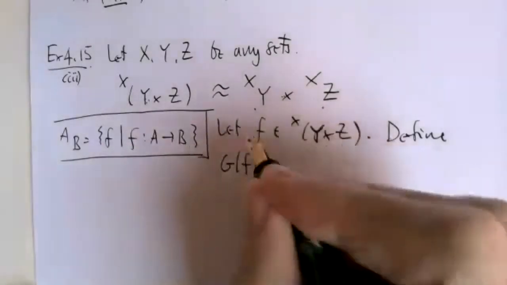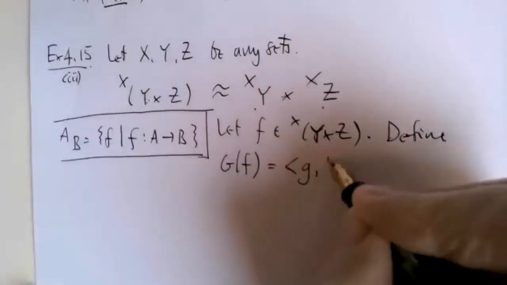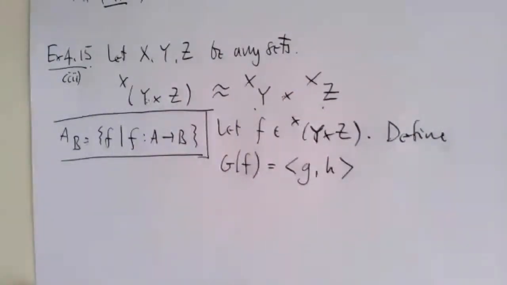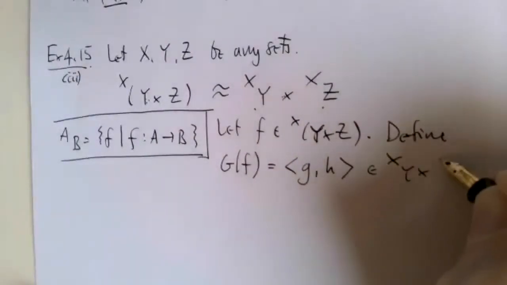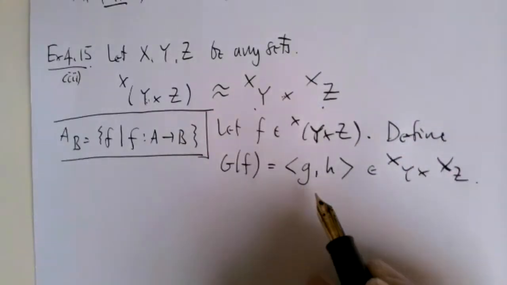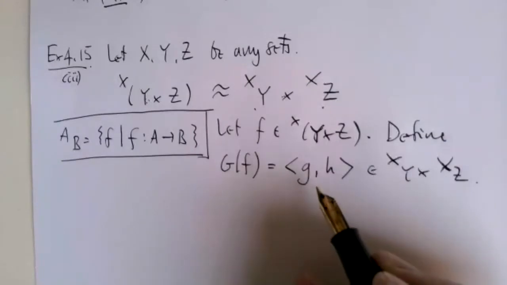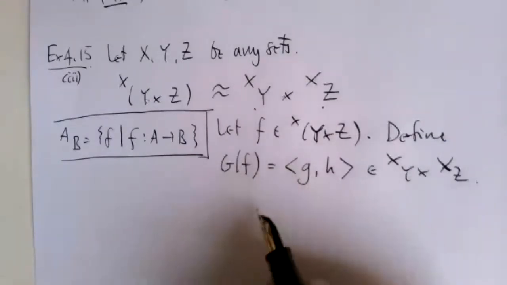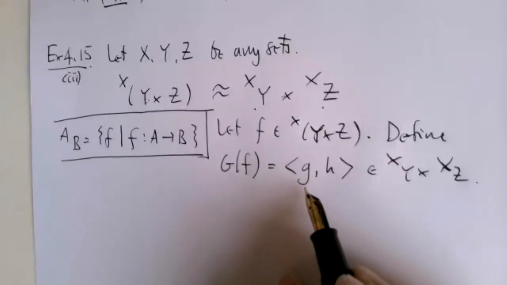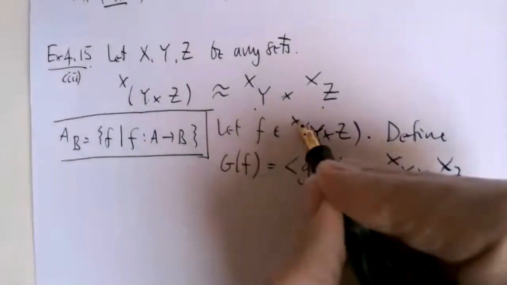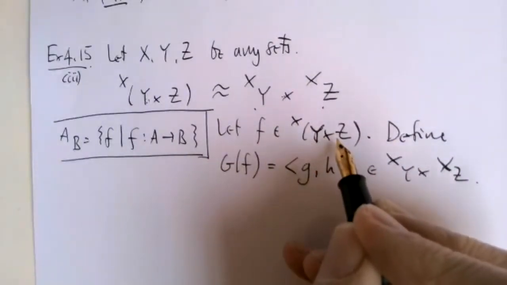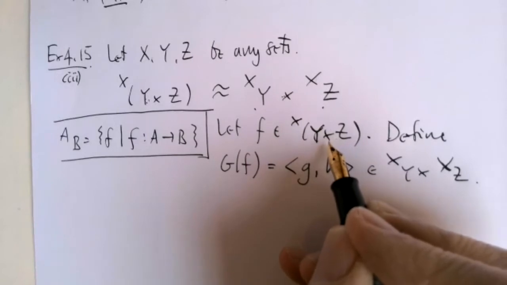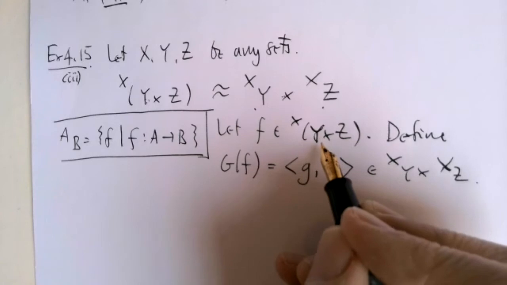G of f is going to be two functions, little g and h, in the right-hand side. So an ordered pair of two functions. And after all, what does f do? It takes things in X and returns an ordered pair, a left thing and a right thing. So I use those unpairing functions, which I just mentioned.